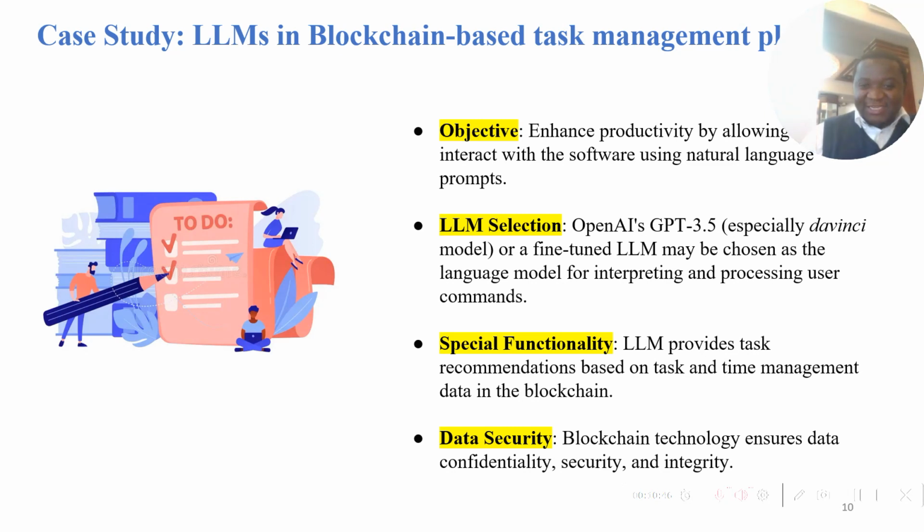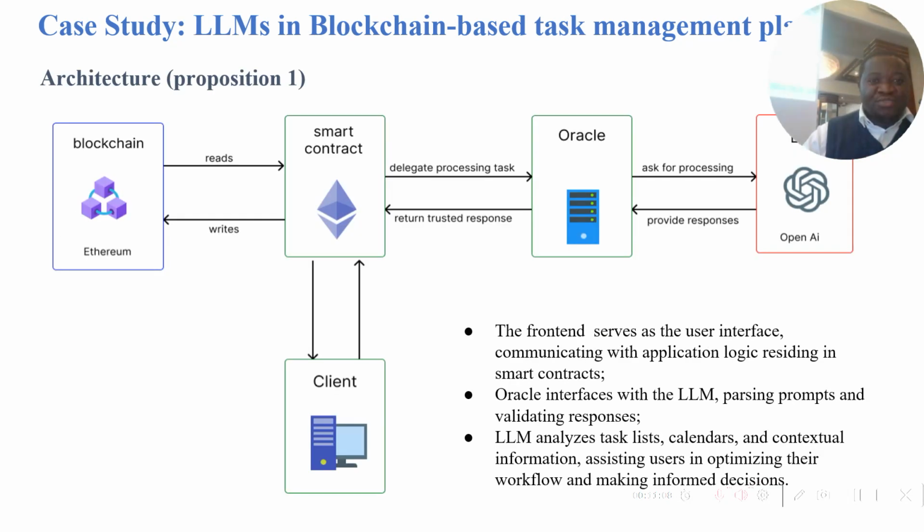And I can just jump to data security. This is mostly where integrating LLMs and blockchain together can help, in line with what I mentioned about the single paper that we found in the literature on the integration of both.